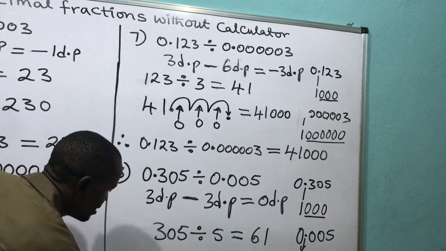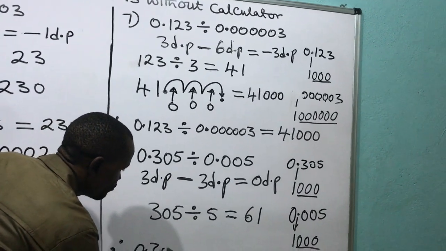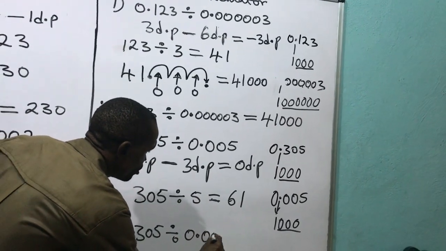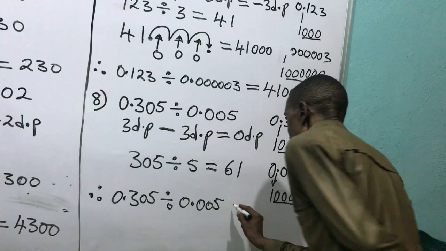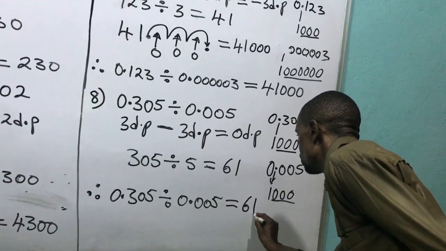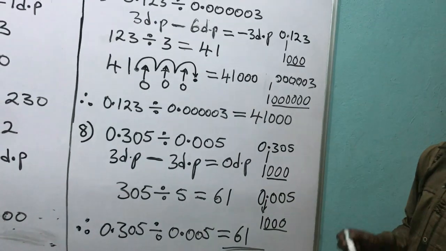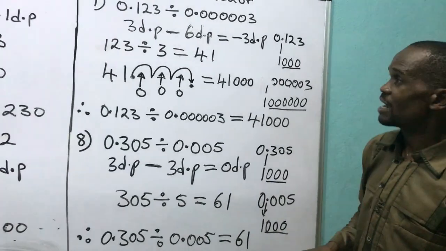Therefore, I can now say that 0.305 divided by 0.005 will give me my answer to be 61. That means when we divide it by this, it gives us 61 as my answer.